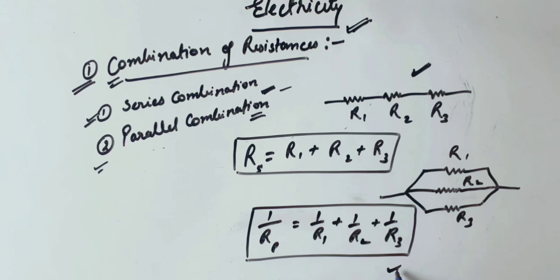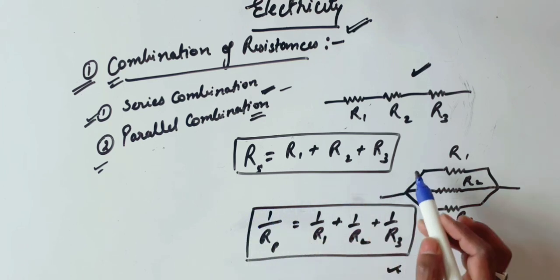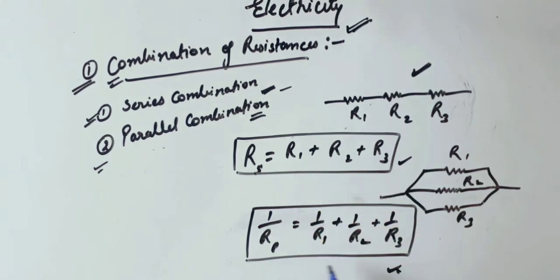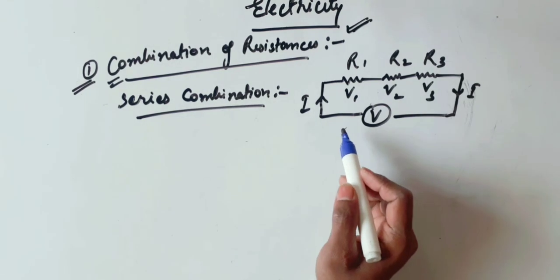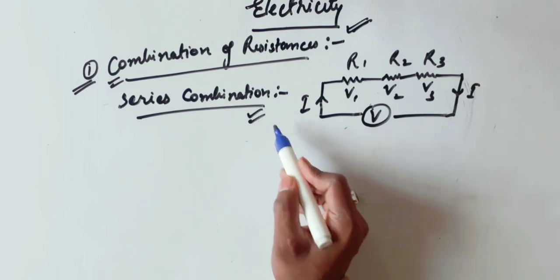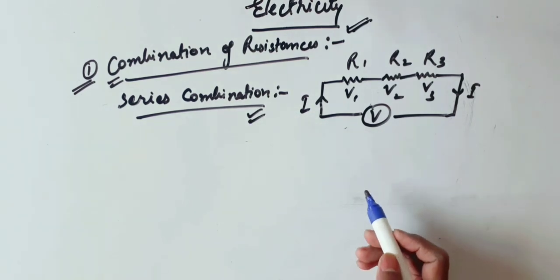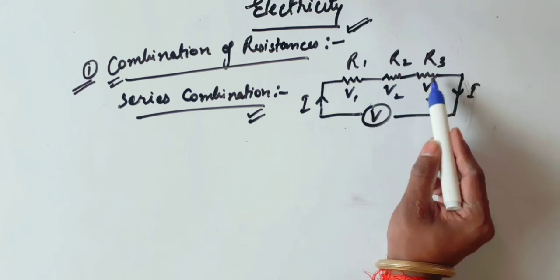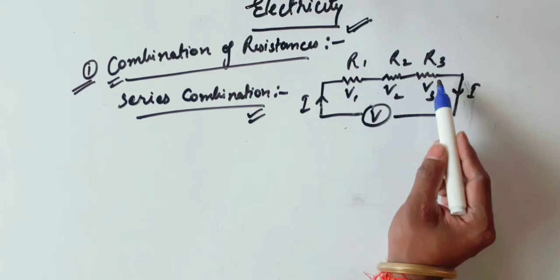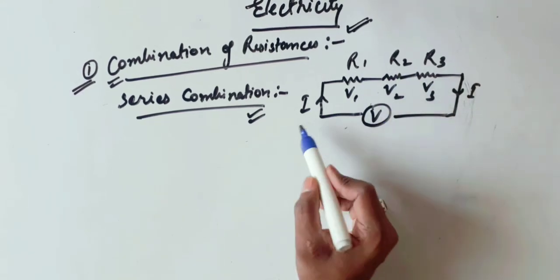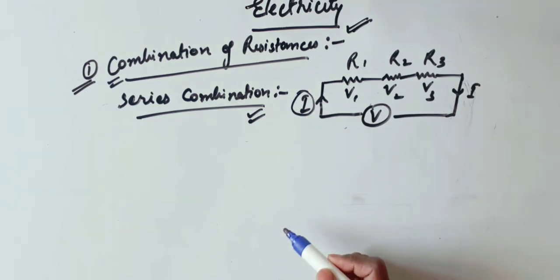So friends, we will derive the above formulas for resistance in series combination and resistance in parallel combination. Here we are going to derive the total resistance in series combination. How can we derive it? As we know, if these resistances R1, R2 and R3 are combined in series, the flow of electric current in these resistances will be constant, meaning I will be constant.